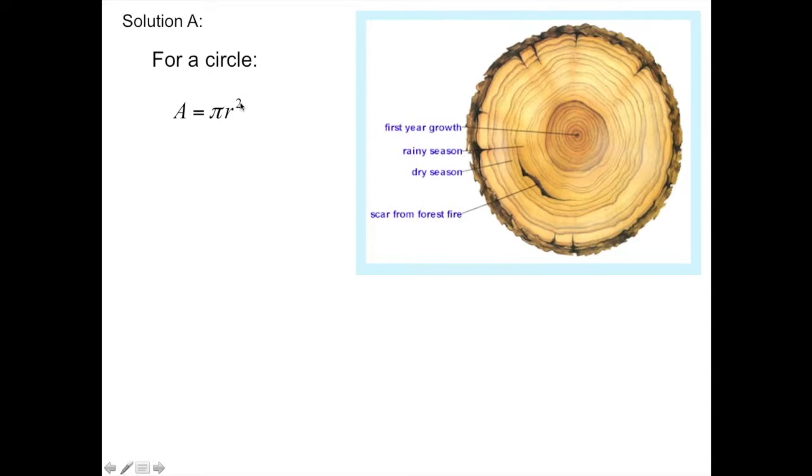We do the power rule on our r: bring the 2 down, multiply it out front, and reduce the power. So dA dr, the derivative with respect to r of pi r squared, is 2 times pi, and r to the 1 power. Our derivative of the area with respect to the radius is 2 pi r.